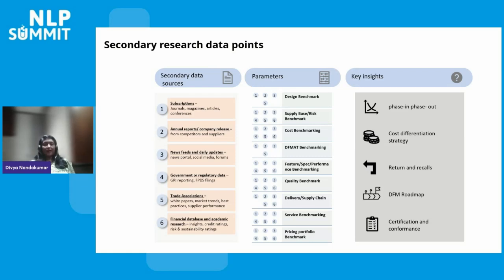And when it comes to parameters like design benchmarking or cost benchmarking, you can see that there are numbers written here, 1, 2, 3, and 5 for design benchmarking. That means for design benchmarking, you will be looking into subscriptions, annual reports, news feeds, and trade associations. These could be some of the sources when you want to do some design benchmarking and derive some key insights, maybe some returns and recalls, and so on.